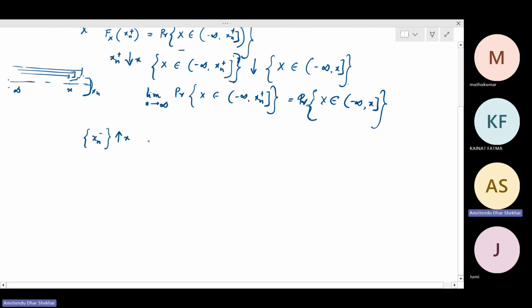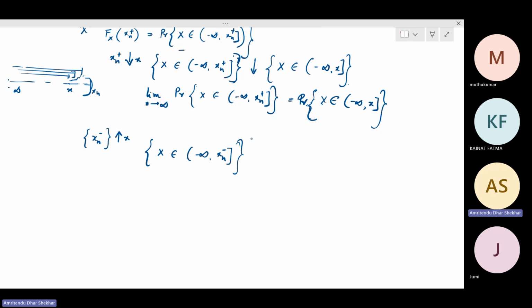If you consider the sequence of sets, which is X belonging to minus infinity comma xn minus, then this is an ascending sequence of sets because as xn is increasing towards x, you have an increasing sequence of sets.